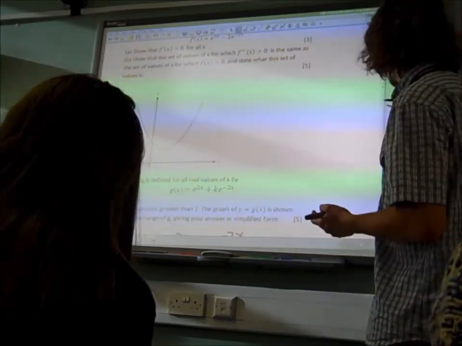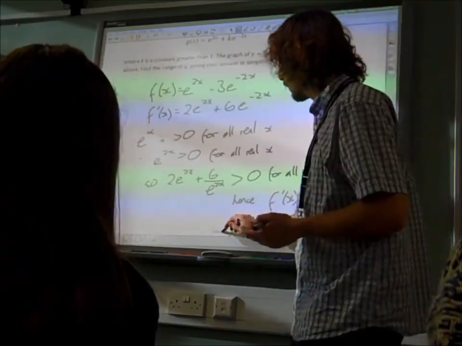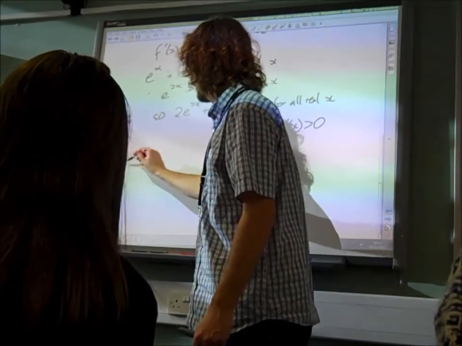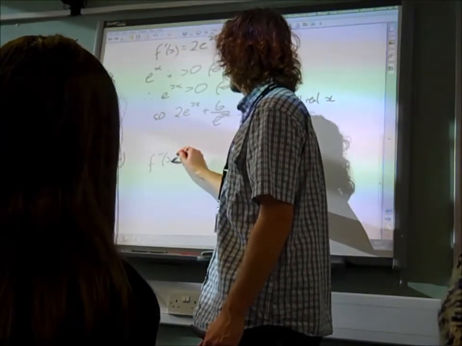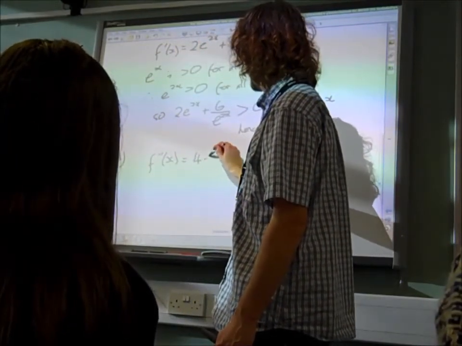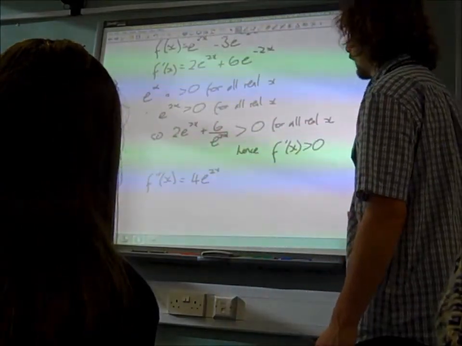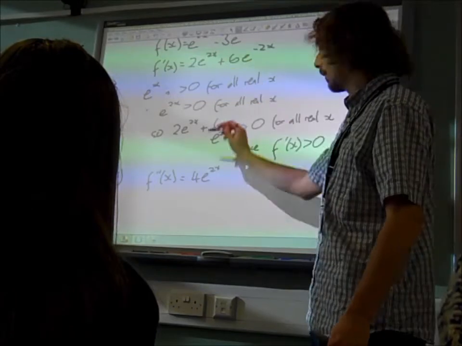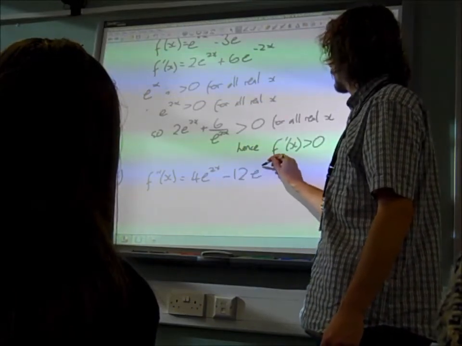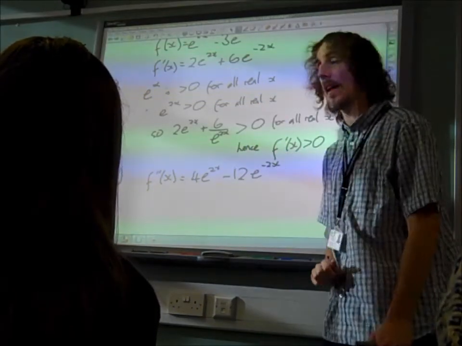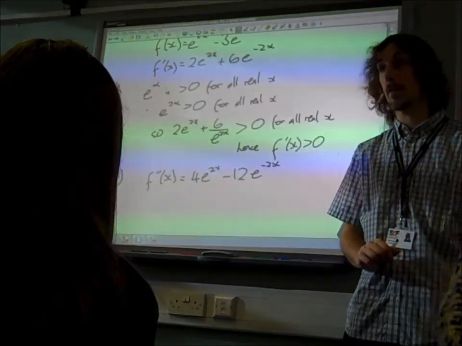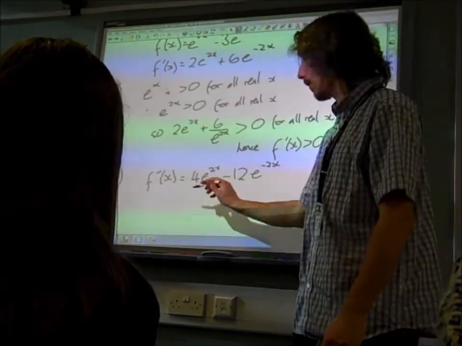We need to differentiate again to start with, don't we? So this is part 2, isn't it? F double dashed x would be 4e to the 2x. If we differentiate 2e to the 2x, we get 4e to the 2x. And then that's going to be minus 12e to the minus 2x. And we look at that and we think there is a common factor of 4 in this expression.